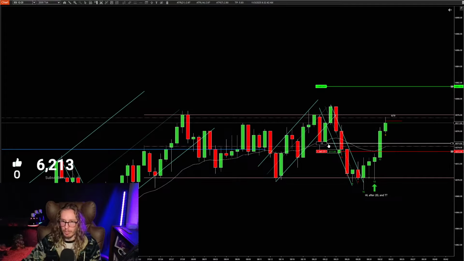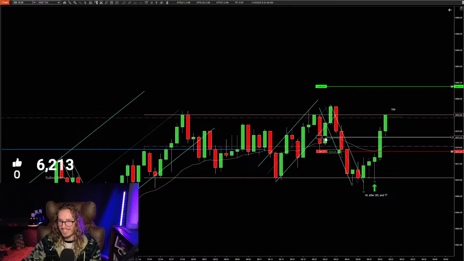I didn't have a chance to put on the music yet. Let's just see what we do when we get to the top of the range here. Because if it fails out the top and stays inside the range, I don't really want to stay in this.